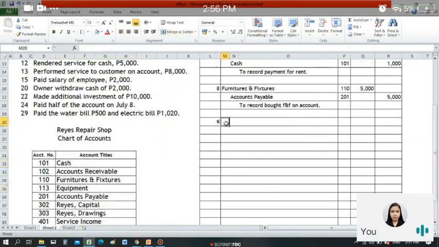So, we debit the equipment, the value that we received because we bought it, and then cash as credit, as value parted in replace of what we received. So, to record bought equipment. So, the code reference for equipment is 113 and the cash is 101.